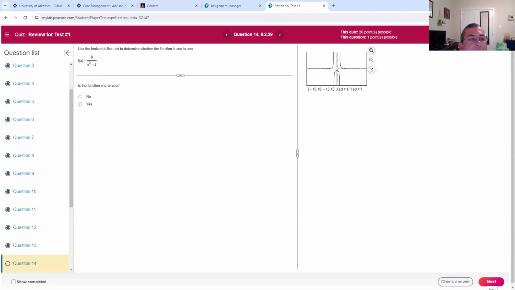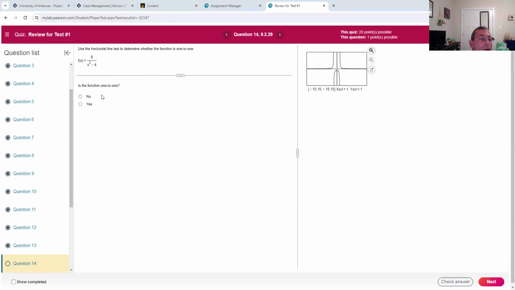All right, y'all, look, it says use the horizontal line test to determine if this function is one-to-one. So y'all, my question is that function one-to-one? Does every y value only have one x value?